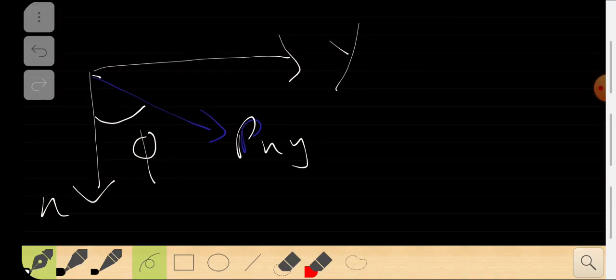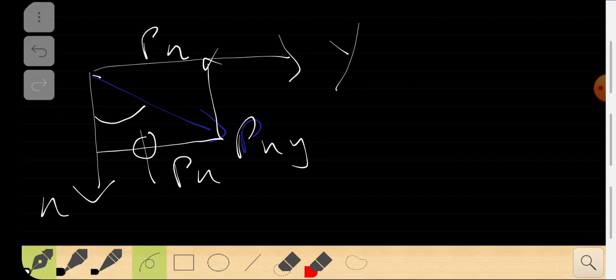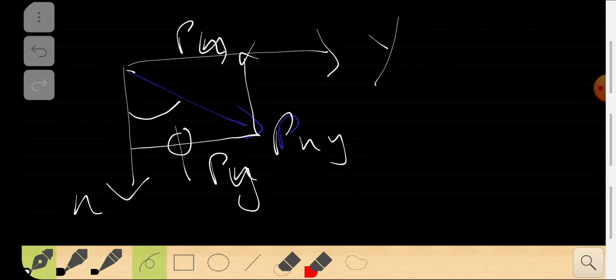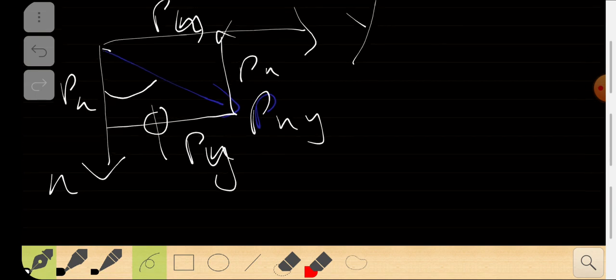So the x-intercept will be p of x, and the y-intercept will be p of y.